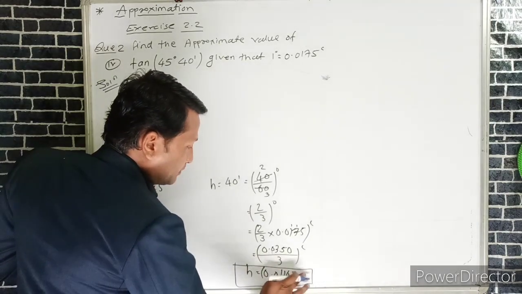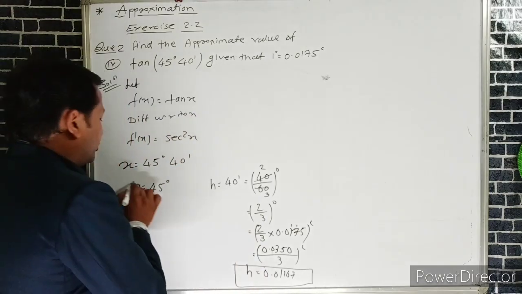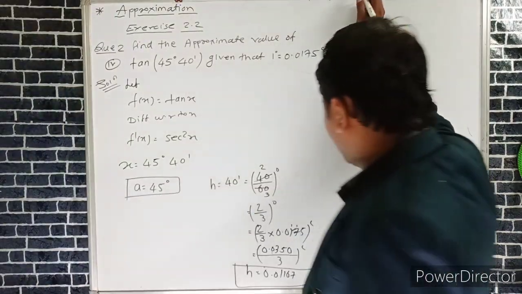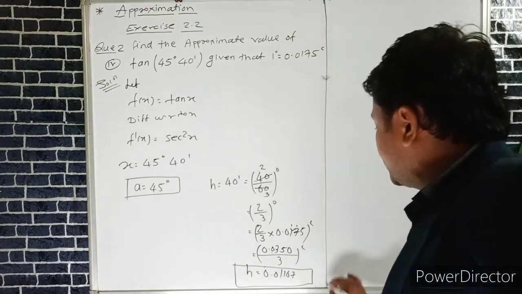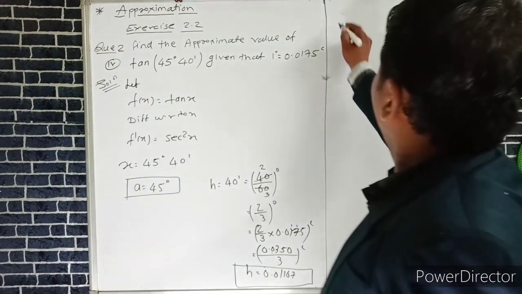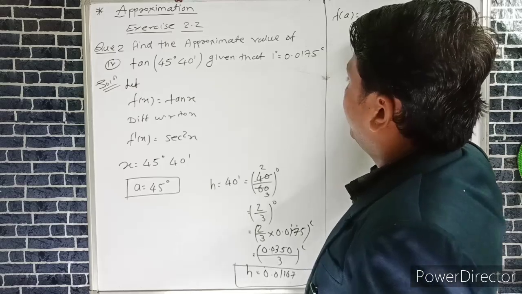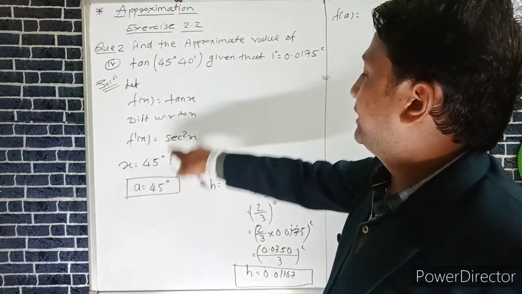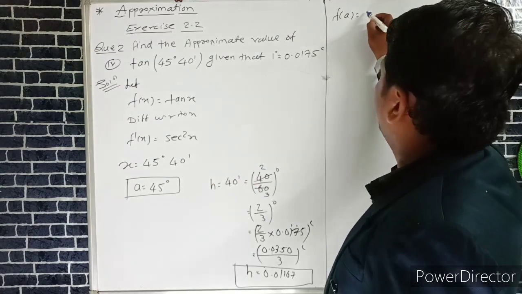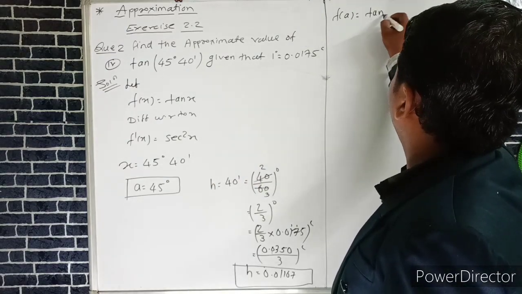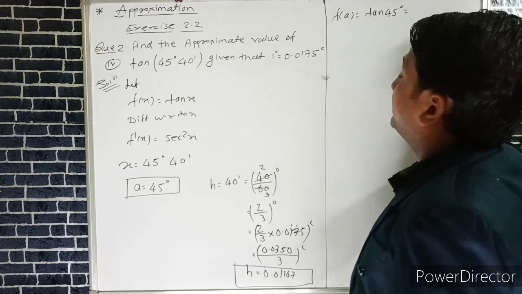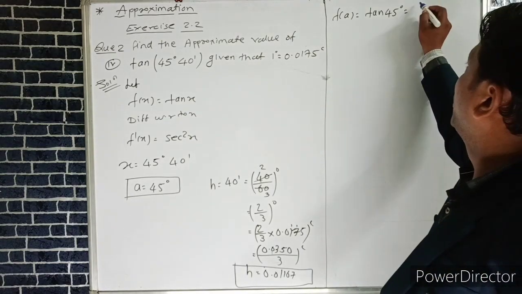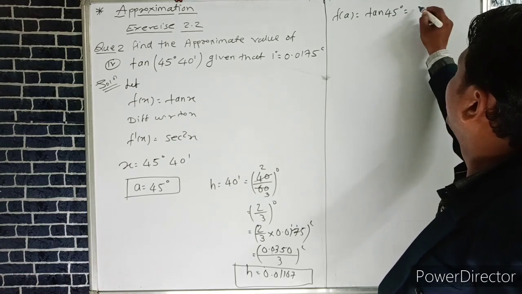So the value of a is 45 degree and h is 0.01167. Then we have to find f of a, when x is equal to a, and a is equal to 45 degree. F of 45 means tan of 45 degree, and the value of tan 45 is 1.